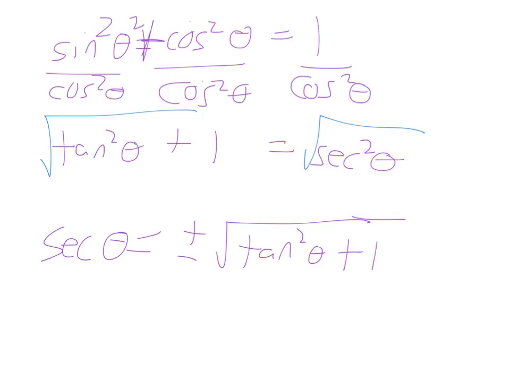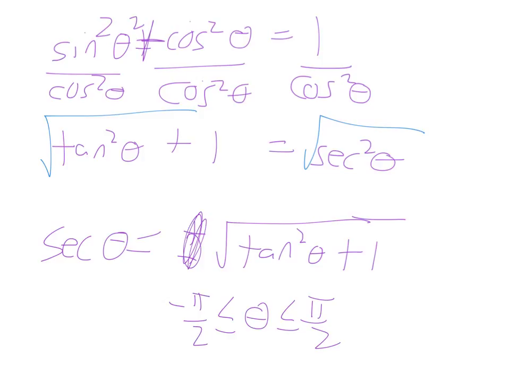Well, actually, it doesn't matter what quadrant we're in, because remember, our original angle is given in terms of tangent inverse, and since tangent inverse is defined from negative pi over 2 to pi over 2, that's in the first and fourth quadrant, and since secant is 1 over the cosine, we know cosine is positive in both the first and fourth quadrants, so we want just the positive square root.